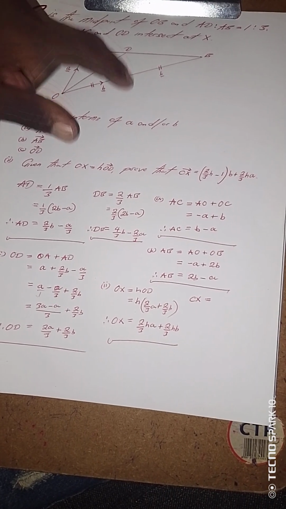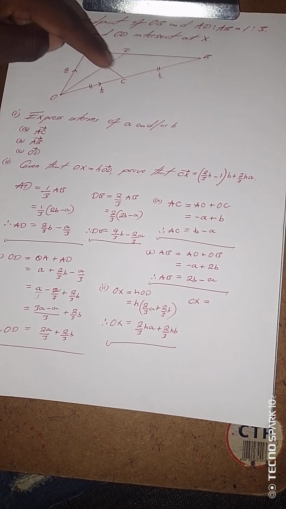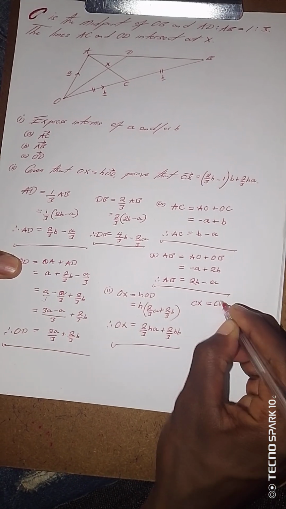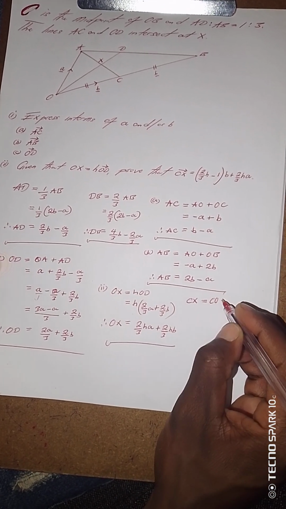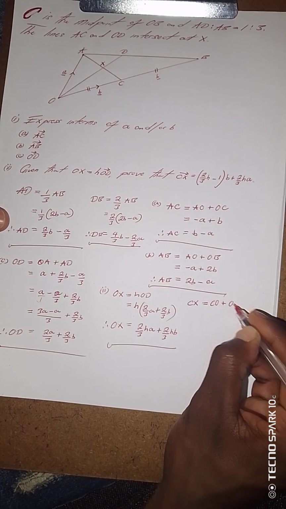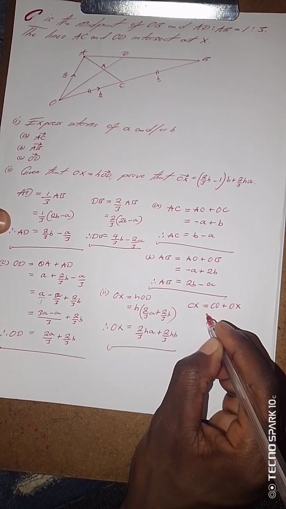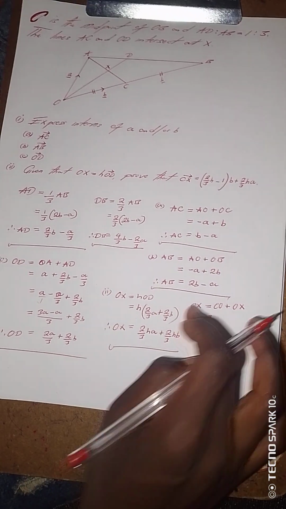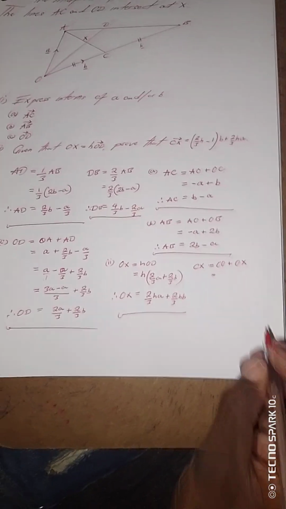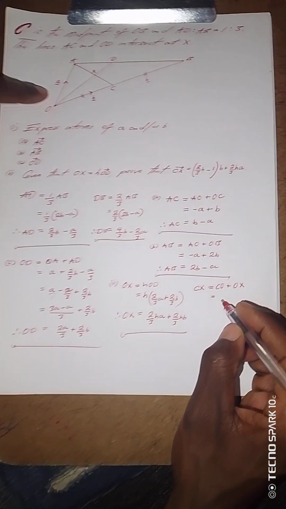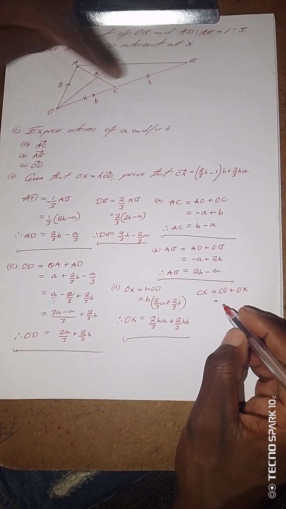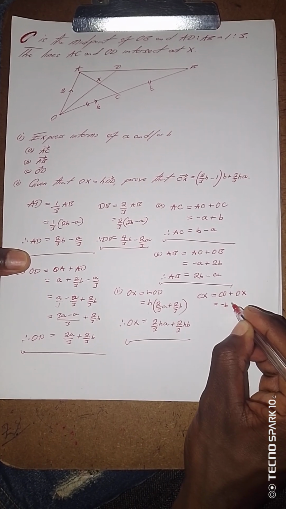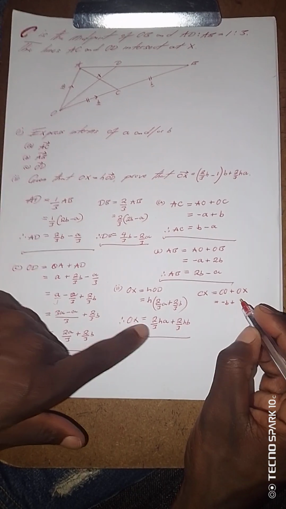So for you to move CX, you're going to say CX equals CO plus OX. Take note on that one. The one with scalar should be in the movements. So CO, what is CO? CO, we are going against the direction, so it's negative B plus OX.